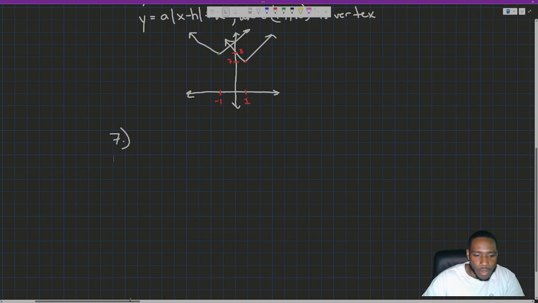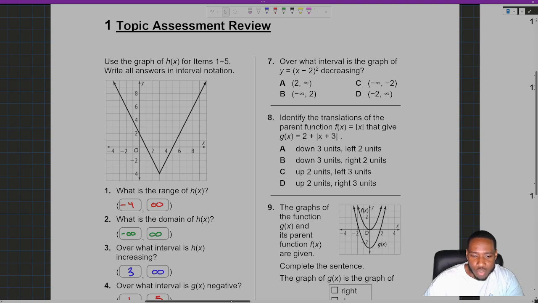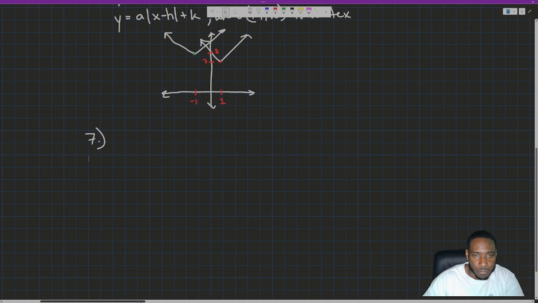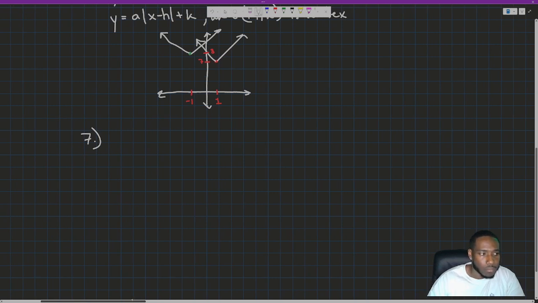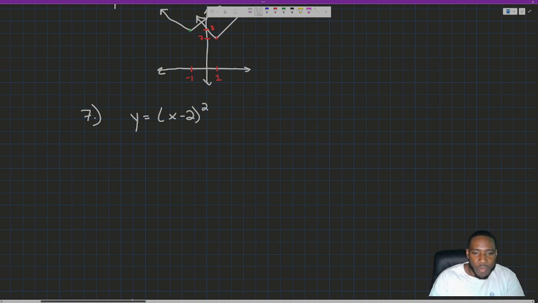Okay. So they give us this equation, y equals (x minus 2) squared. And they're asking us, over what interval is this decreasing?